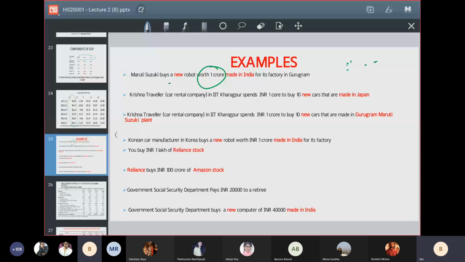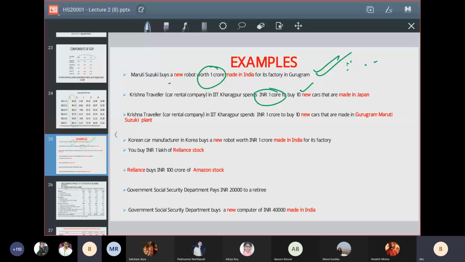In the second example, Krishna Travelers, a car rental enterprise at IIT Kharagpur, let's say spends 1 crore on 10 new cars that are made in Japan. These are new cars, so one component is fulfilled, but the location they are produced is Japan.